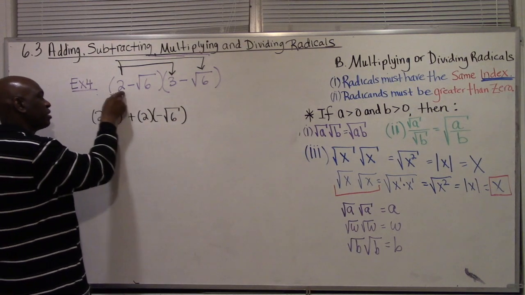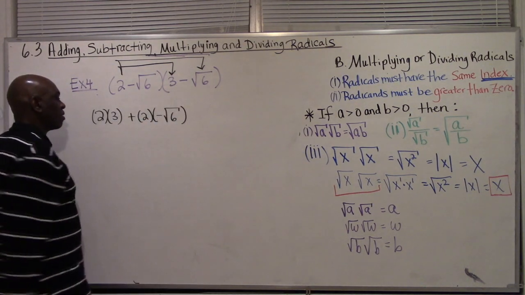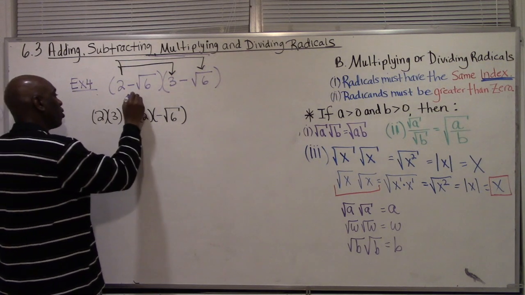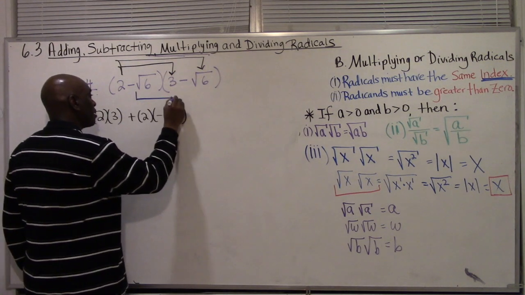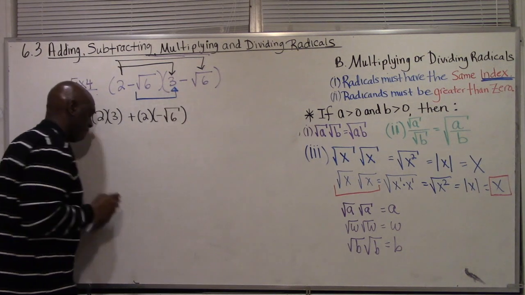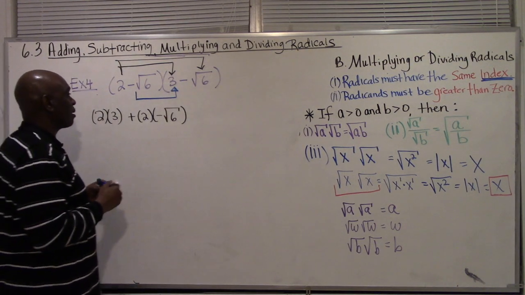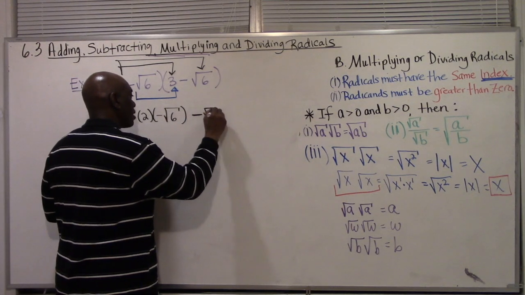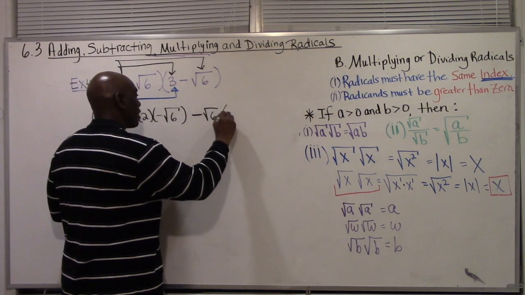Because this 2 is positive, this radical 6 is negative. Okay? Now we got to go negative radical 6 times 3. All right? Negative radical 6 times 3.